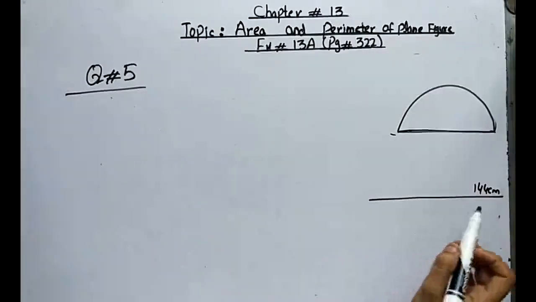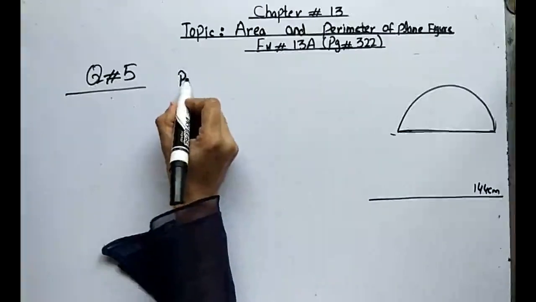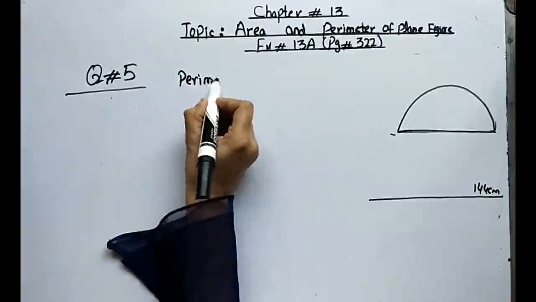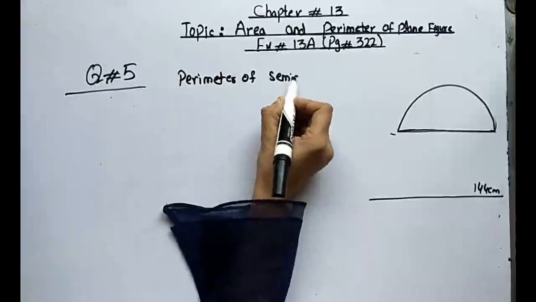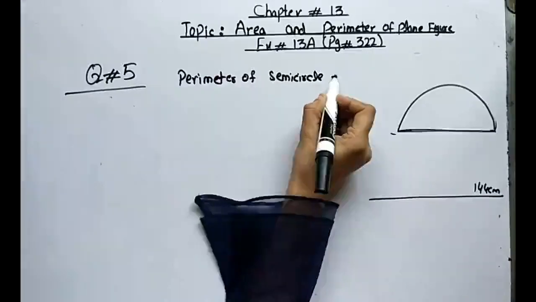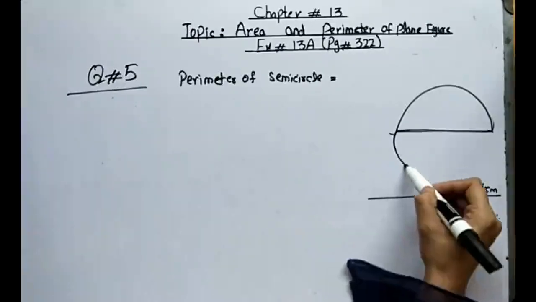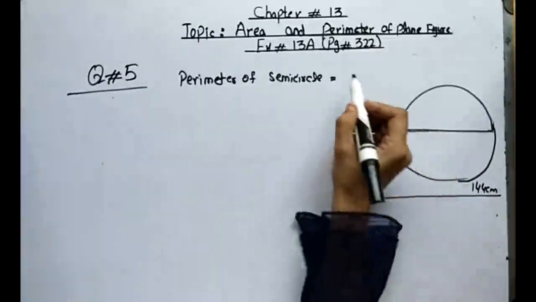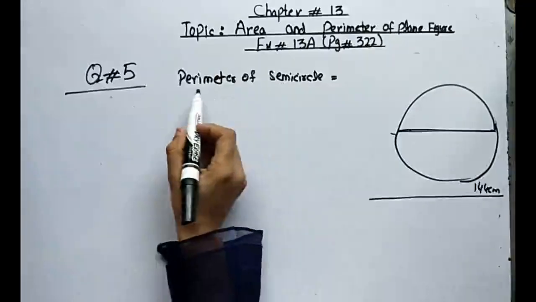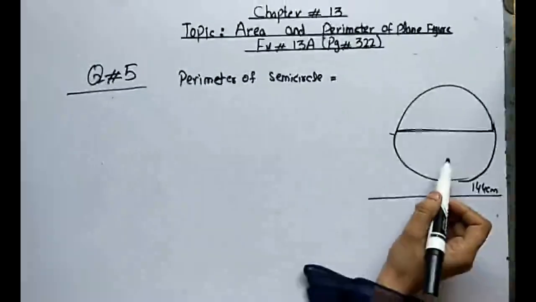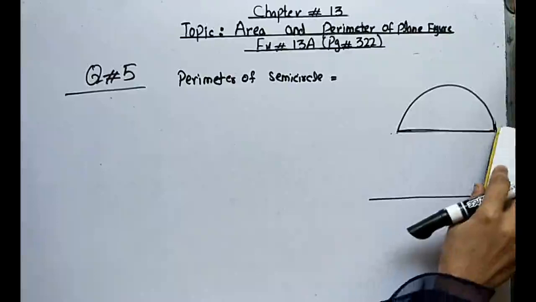So first we will write here the perimeter of semicircle is equal to... Perimeter of semicircle means, as we know, the circumference of a complete circle is 2 pi r, then what will be the circumference for a half circle?